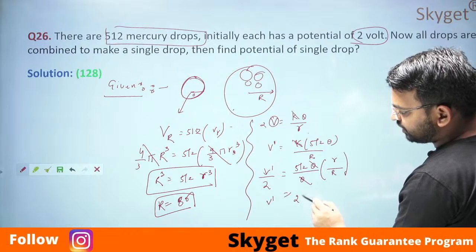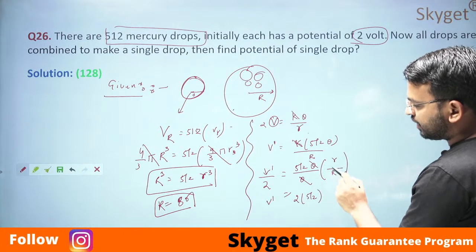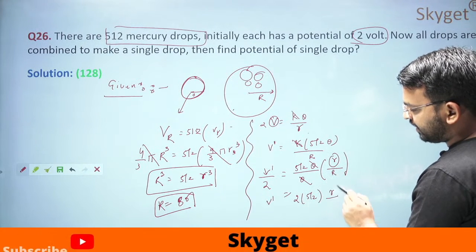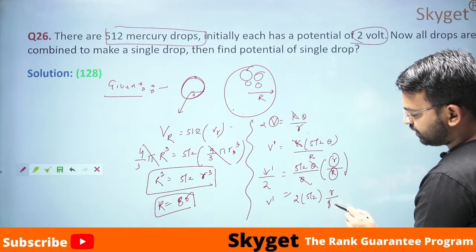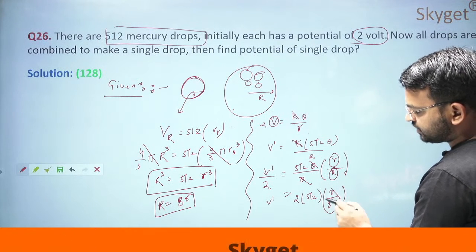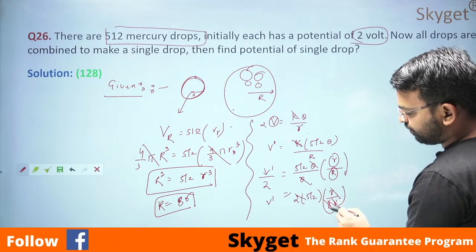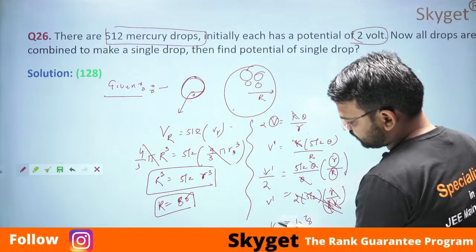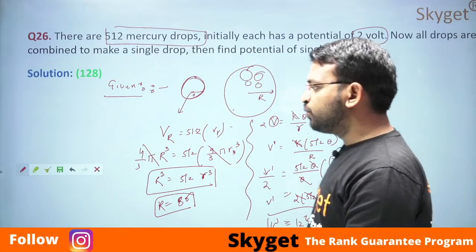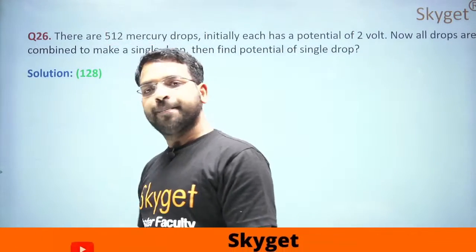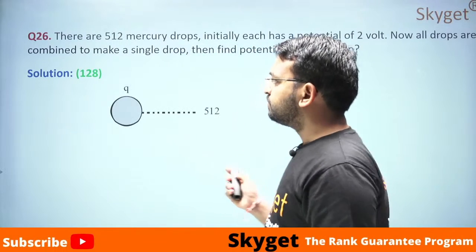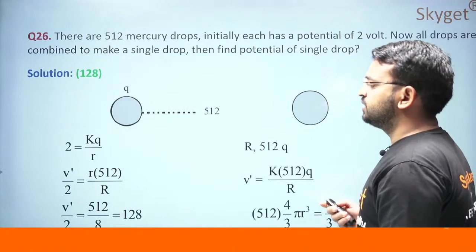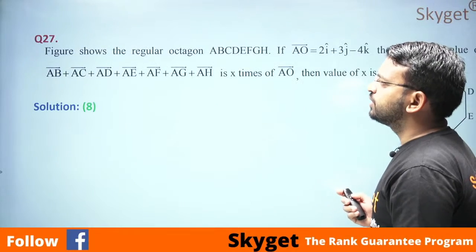V dash is going to be twice of 512 into r over capital R. Capital R is 8 times small r, so r and r cancel, 8 and 2 is 4, and 4 cancels, this is going to be 128. This is the value of V dash. This is what you have to remember. Simple question. Again, all these things you just refer to the solution and you get your answer.